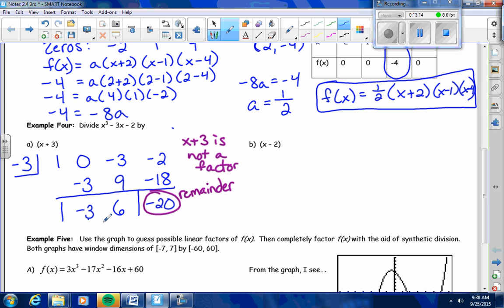Now, to write your answer, our result. If I started with x cubed and I divided it by x to the first, what is x cubed divided by x to the first? X squared. Okay, so this first one in our result is 1x squared, and then we go in descending order. -3x plus 6, and then for the remainder, since it's a negative, -20 over x plus 3.